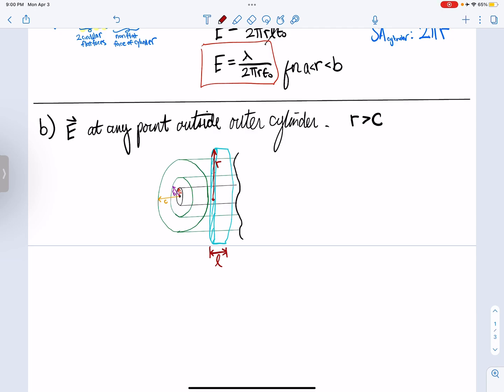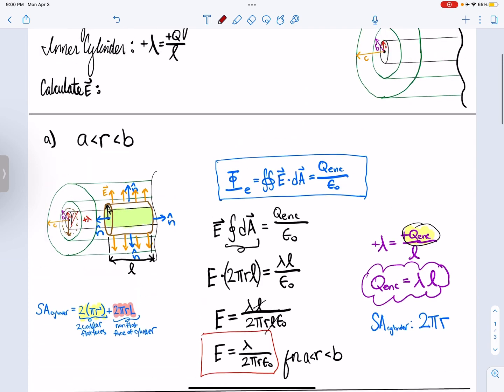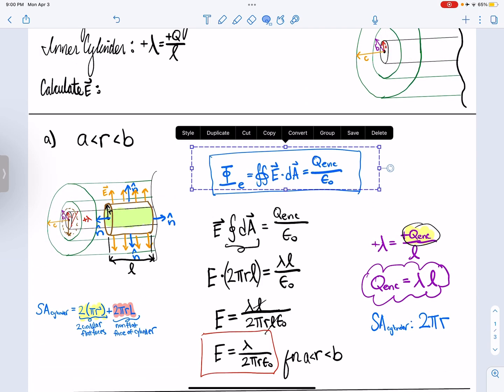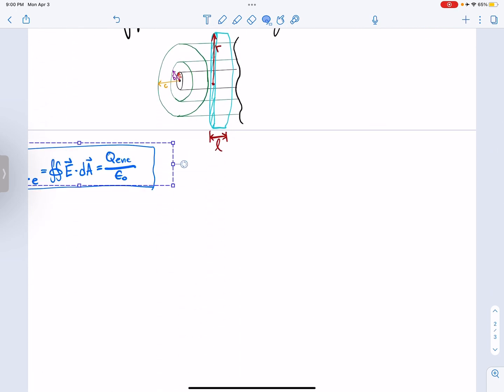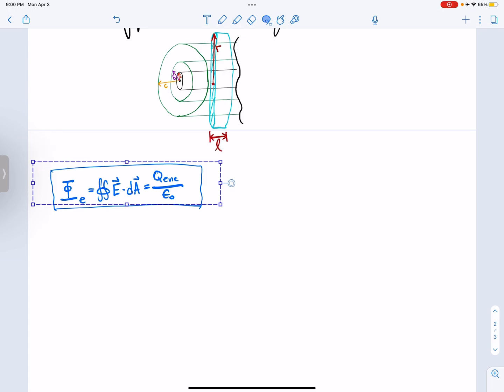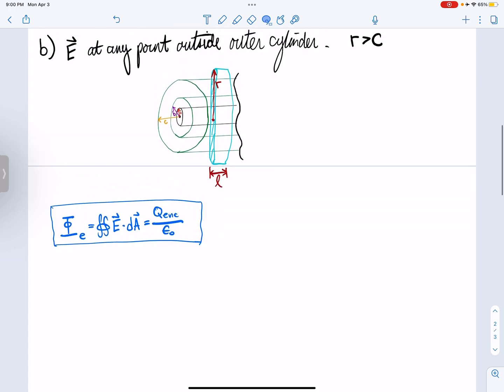And the same thing as part 1, I'm going to use this formula to find my electric field. And that is the formula for electric flux, right? Okay. So same things.